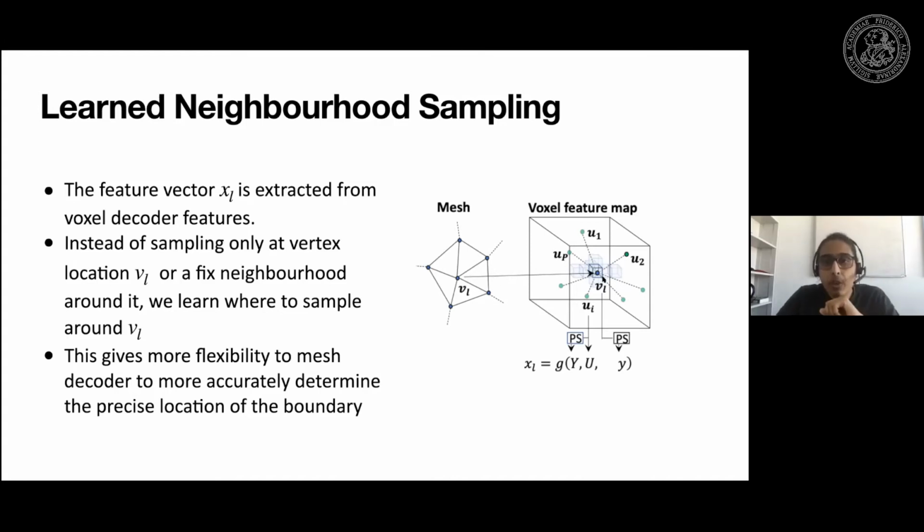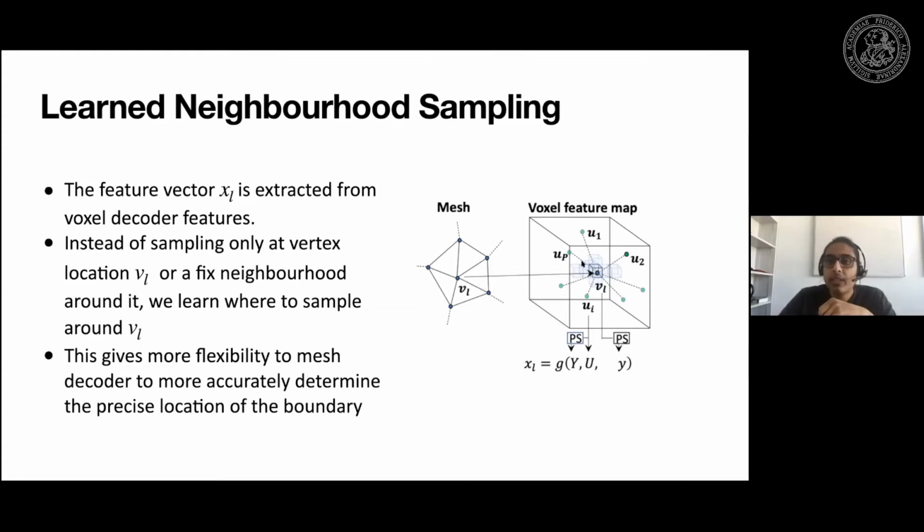So we would sample at the vertex coordinate plus a set of neighboring points. How do you find these neighboring points? We learn them as well. We have an auxiliary small network: given a point and the features associated, it predicts where to sample.